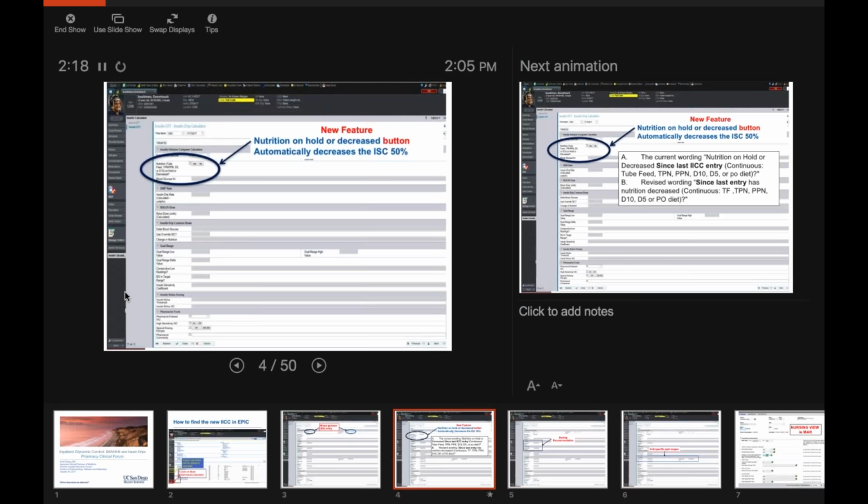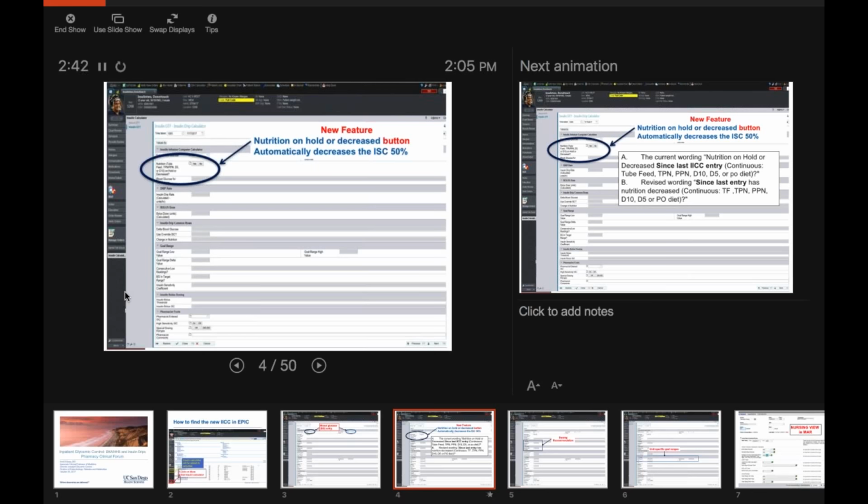Okay, because if your answer goes from no to yes, it will automatically have your ISC. If you've got tube feeds going and it changes, it decreases or stops, the nurse presses that button and it takes away the vast majority of calls you guys used to get on the old calculator. Okay, does that make sense?